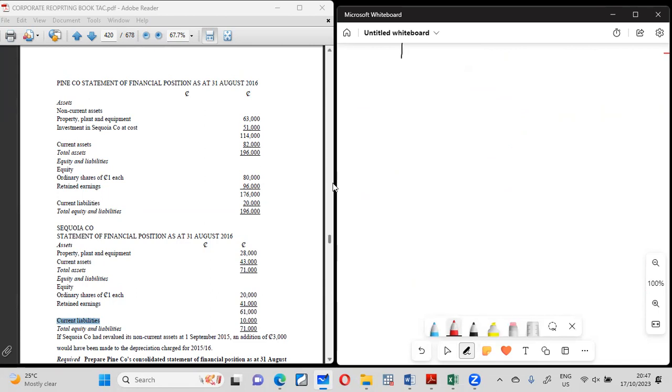There are 5 areas the examiner will always try to trick you. But all the 5 don't come in one question. You may not get all the 5 in one question. He will trick you about 4 of them or so. So when we meet another time, we are going to discuss the exam tricks of the examiner. The first one is the purchase consideration.